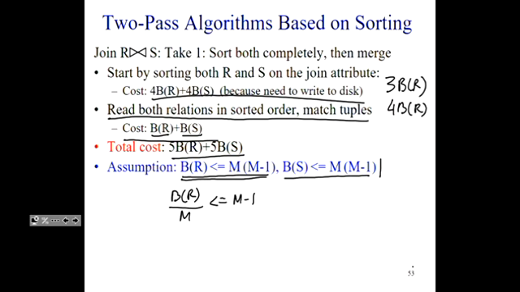Do I really need to do 2 passes first, write it out, and then read them in to merge? Or can I skip some steps? Any thoughts?